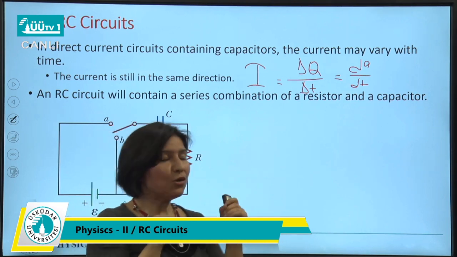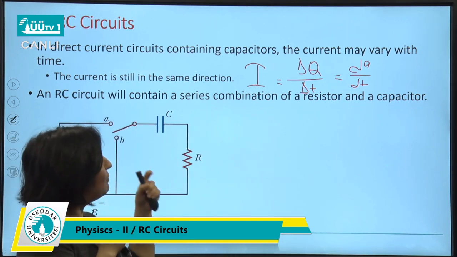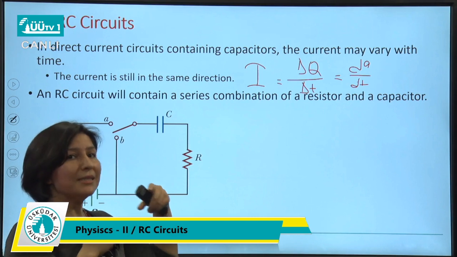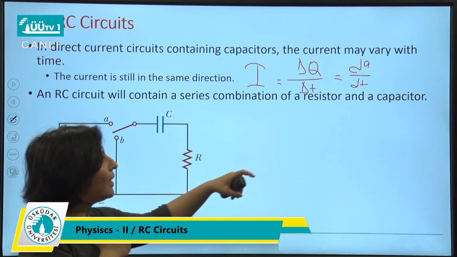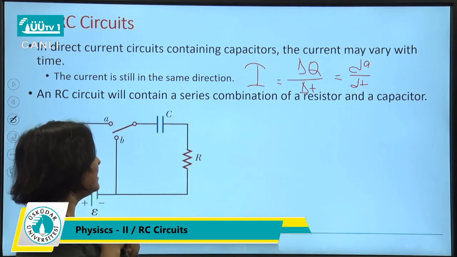So the quantity is time varying. We will use the instantaneous version of the current as dq over dt.